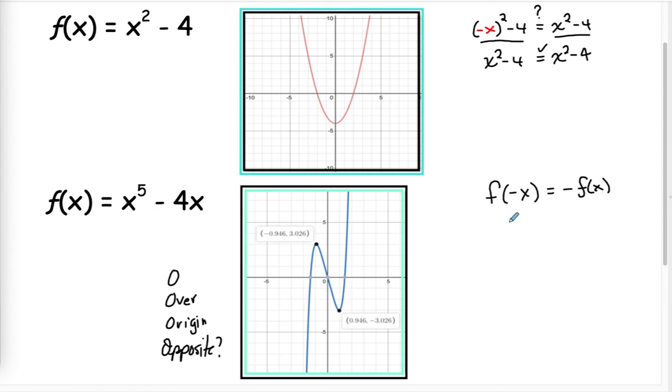So once again, I'm going to start like this. In for x, I'm going to put negative x.